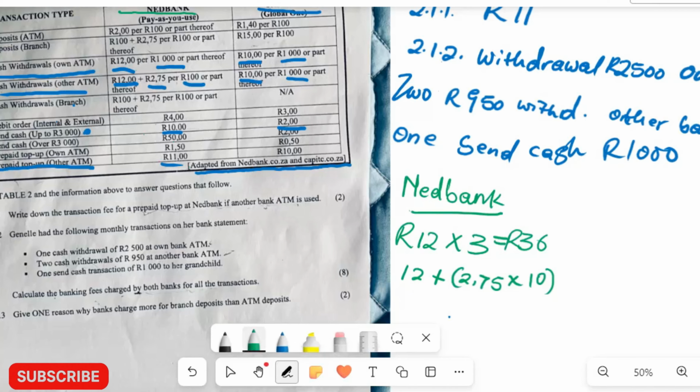is 39 rands 50 cents. But she did this, she made two withdrawals. That will bring us to how much is 39 rands 50 cents times 2?